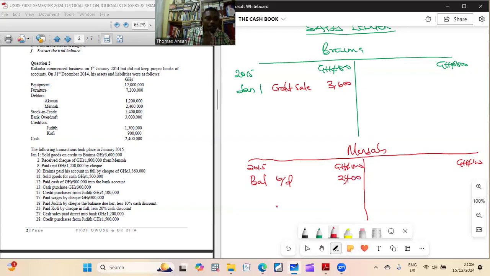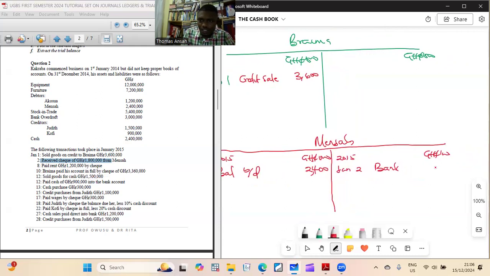Now, since we have received check from Mensa, it means we will have to do this bank. What is the date? Date is January 2. So he paid us check. So that will be bank, and the figure there is 1,008. So have you seen that?